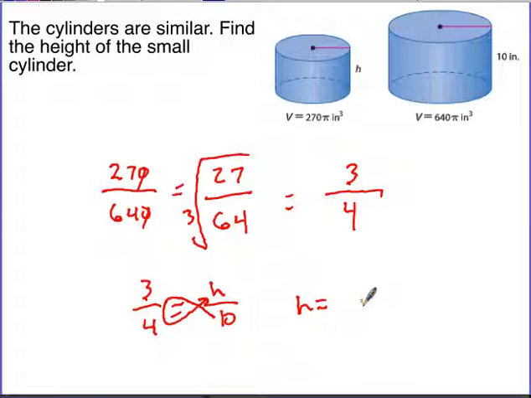H is 7.5. So the height of this small cylinder is 7.5 inches. Okay? They give you the volume and you've got to find a linear measure. You've got to take a cube root.